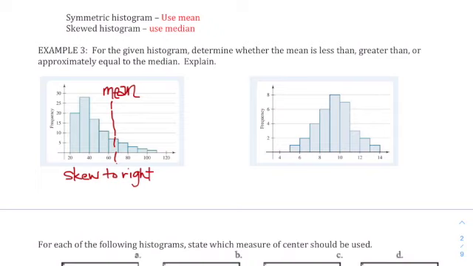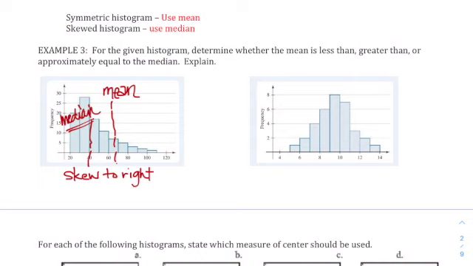So in this case, because there are so few data pieces, when you're counting 50 from the right hand side or 50 from the left hand side, that is going to bring the median down to where the more data is. So the median is probably going to be on the side where there is more data, which is where the curved line is.